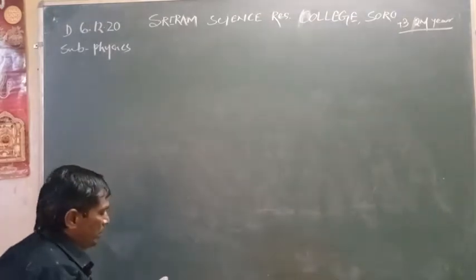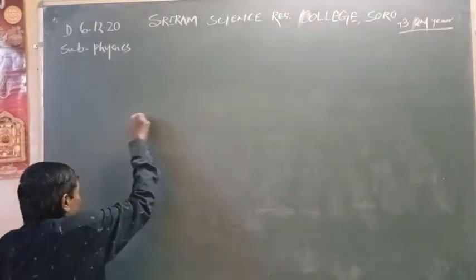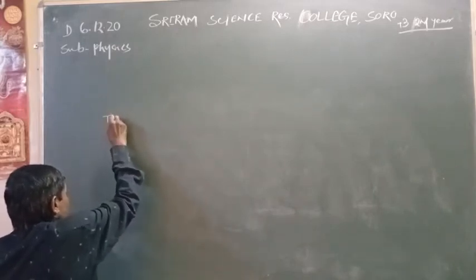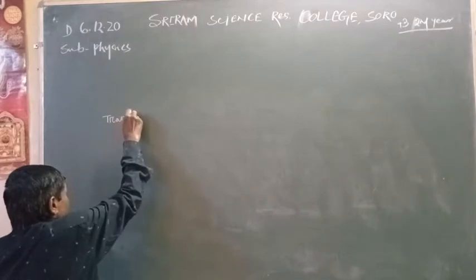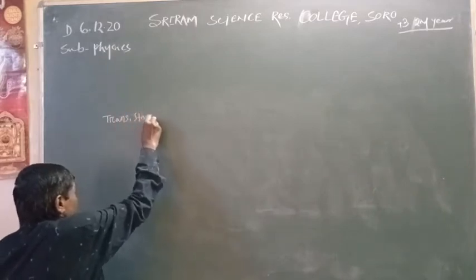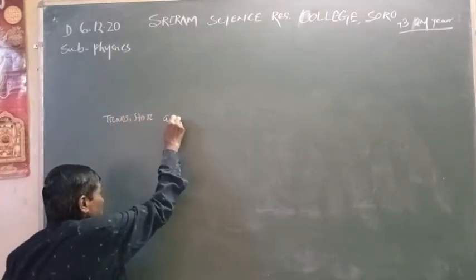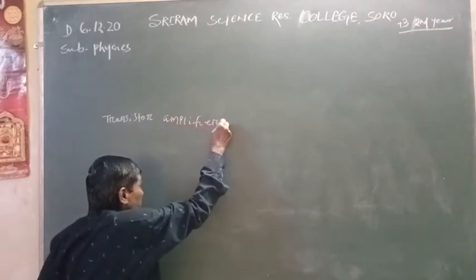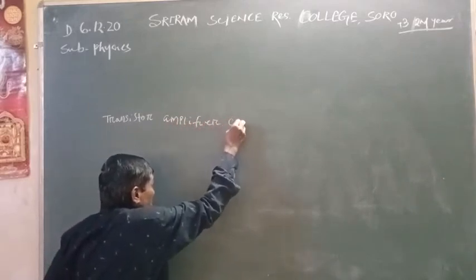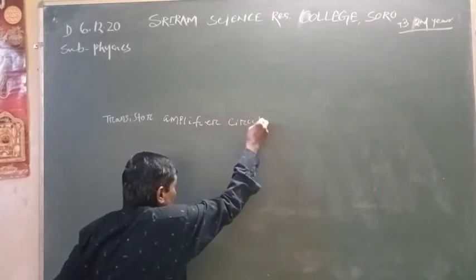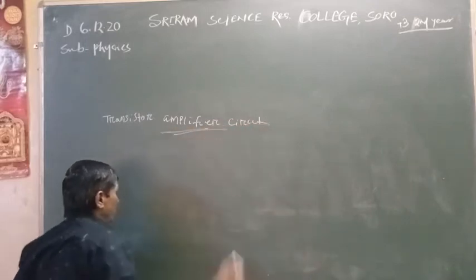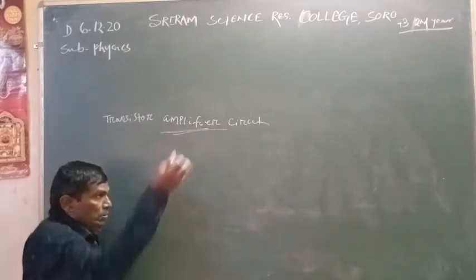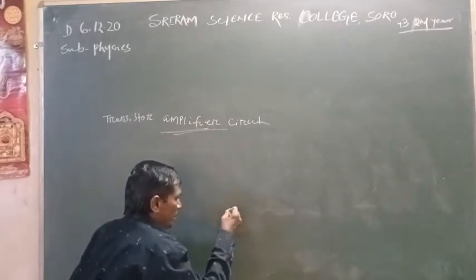Now we discuss the transistor amplifier circuit first. So we draw the circuit diagram now.